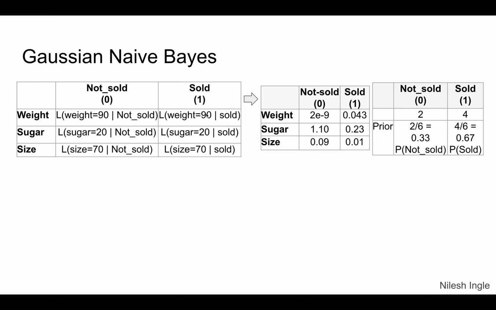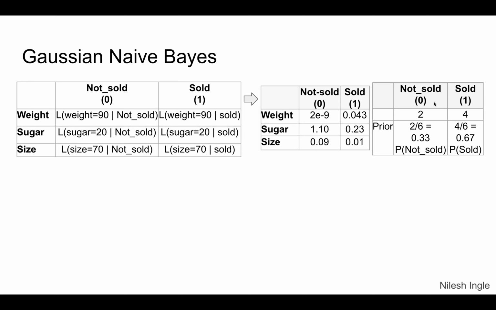And similarly here, we have the likelihood that the weight equals 90 grams given that it's class sold. And these are the values we have: 2e to the power minus 9, 1.10, 0.09, and then the values for sold.